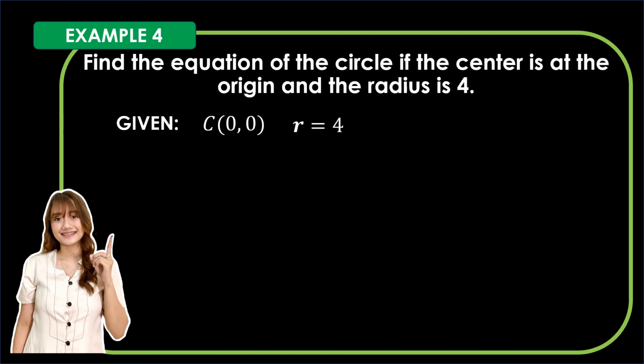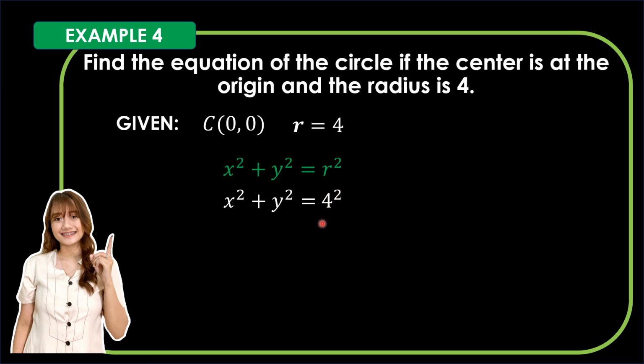Now, observe that our center is at the origin. As mentioned in the discussion part of this video, we use the standard equation of the circle with center at the origin. We have x squared plus y squared equals r squared. Since the center is at 0, 0, and substituting the value of r, which is 4, in our equation, we have x squared plus y squared equals 4 squared.